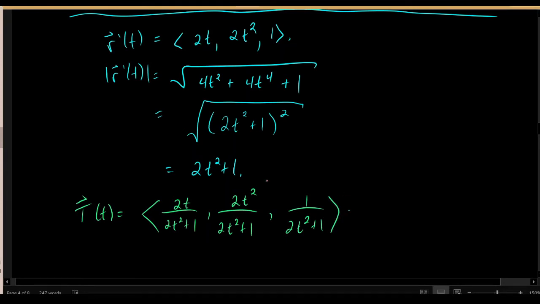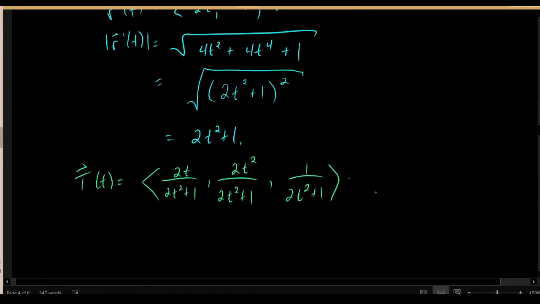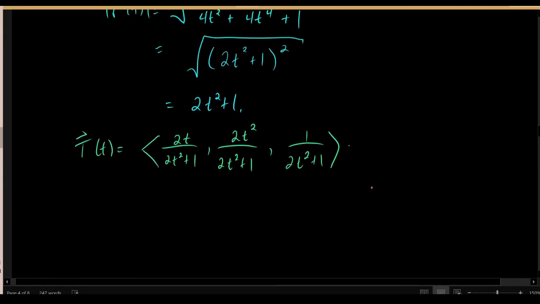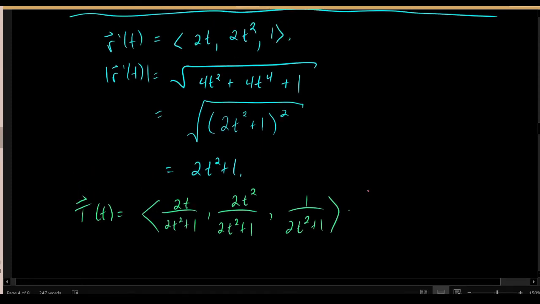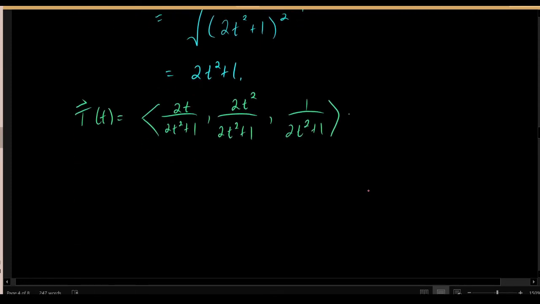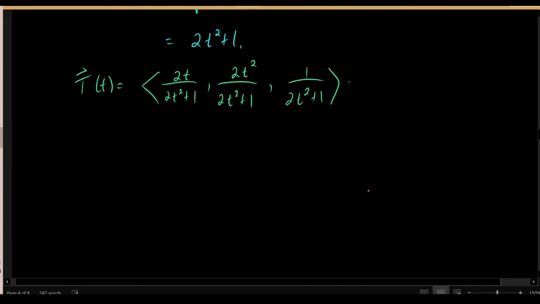Now tragically, we cannot yet plug in the given t value because all of our derivatives have not yet been calculated. It still remains for us to calculate the derivative of this unit tangent vector, capital T. So we're going to have to get some ugly quotient rule involved.